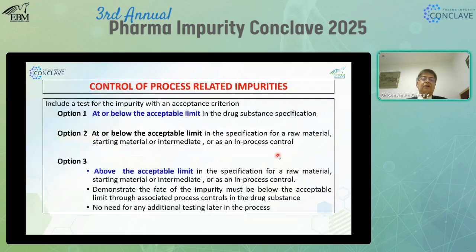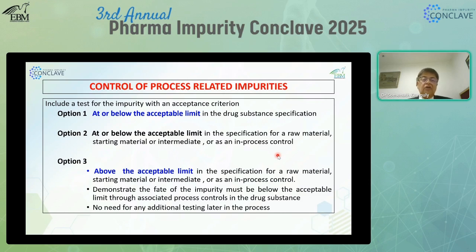Now come to this, which is a little bit important: the control of process related genotoxic impurities. There are four options described in ICH M7. Option 1 includes a test for the impurity with an acceptance criterion, at or below the acceptable limit in the drug substance specification.